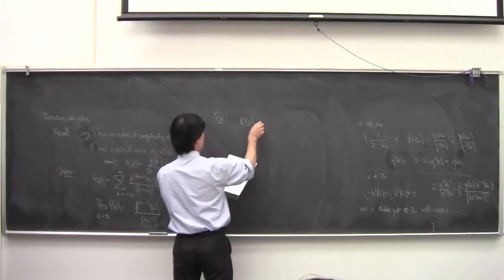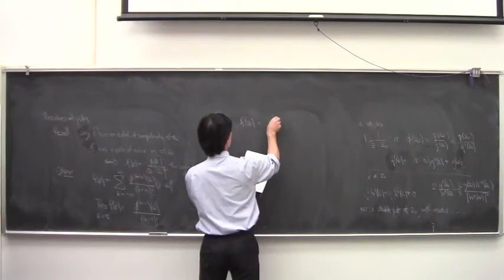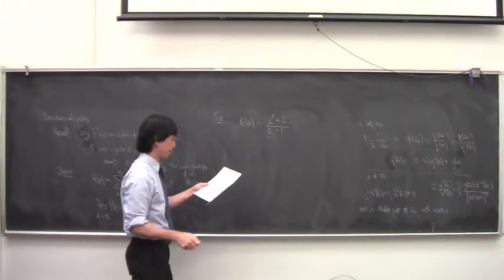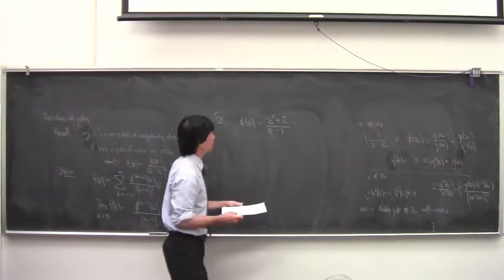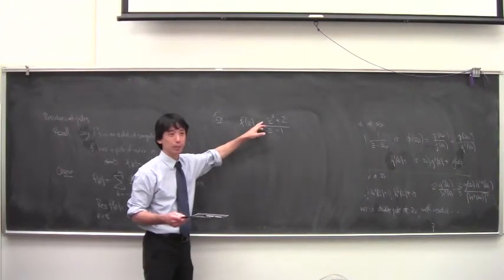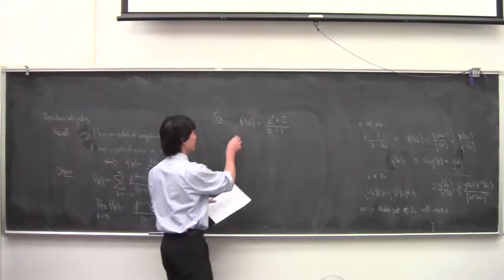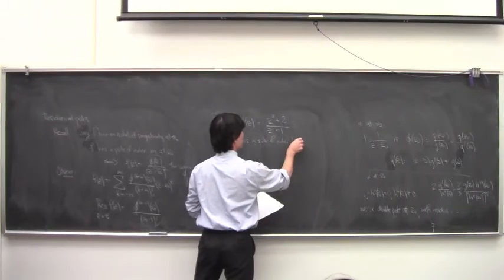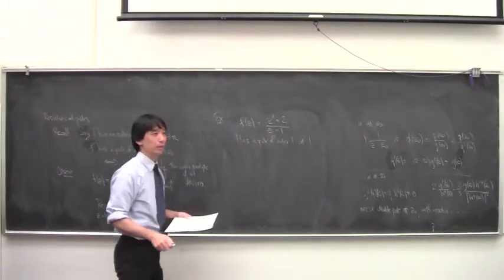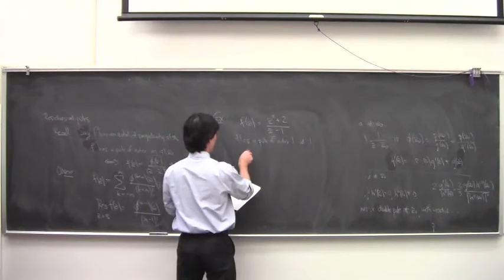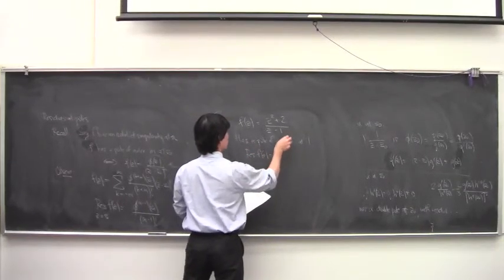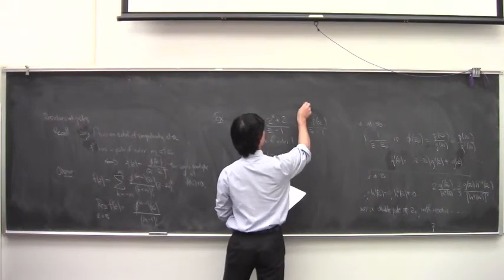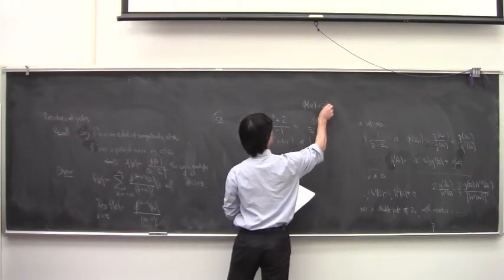Some simple examples. F of Z is, say, Z squared plus 2 over Z minus 1. You look at this and you say, okay, I know that this has a pole of order 1 at 1. So what's the residue? We write this with phi as Z squared plus 2.